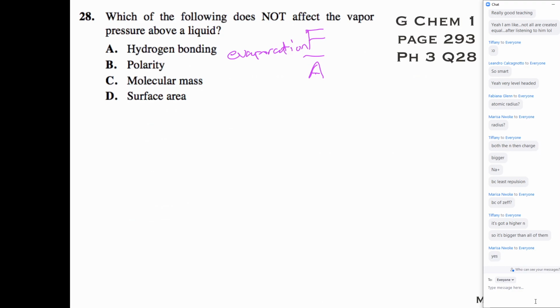Will hydrogen bonding affect any of those? With hydrogen bonding, are molecules held together more tightly or less tightly? More tightly, exactly. More tightly held, harder to remove. That definitely will affect it. Will polarity, will dipole moments affect it?